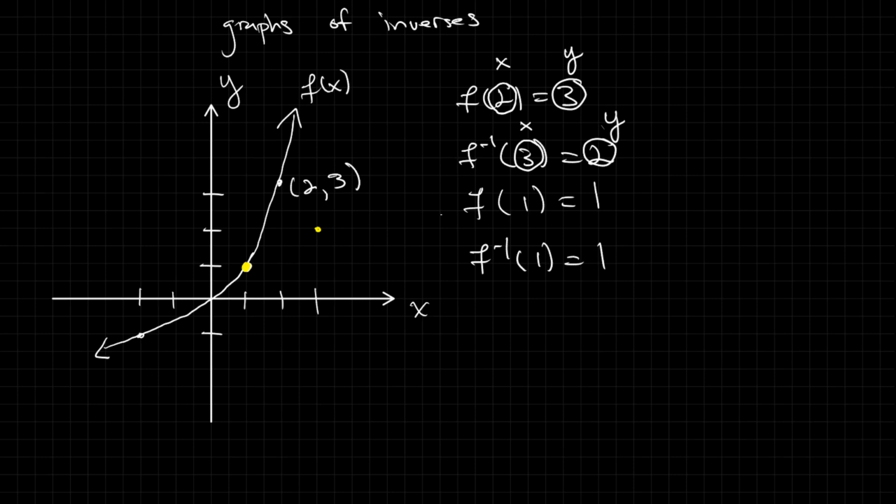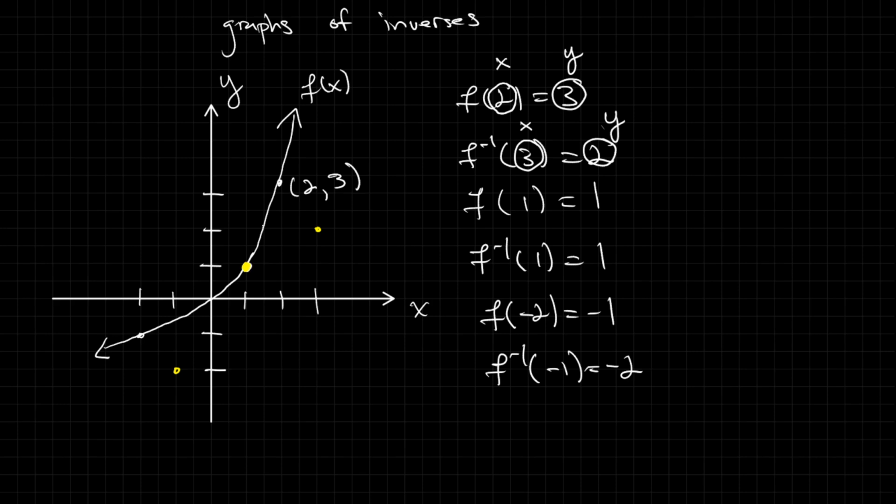So if I notice that (-2, -1) is on the graph of f, then if I just switch those, I get (-1, -2), which is a point on the graph of f inverse. Doing that the long way, we know that f of -2 is -1, so f inverse of -1 is -2.